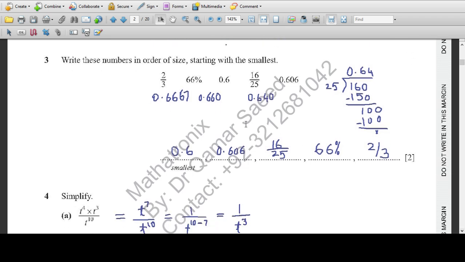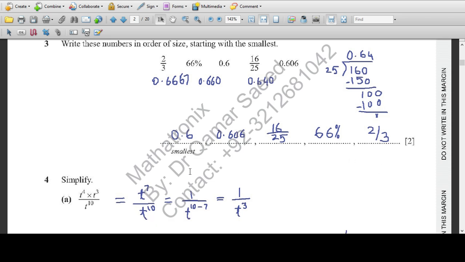So this is the right order from the smallest to the biggest for the given numbers.